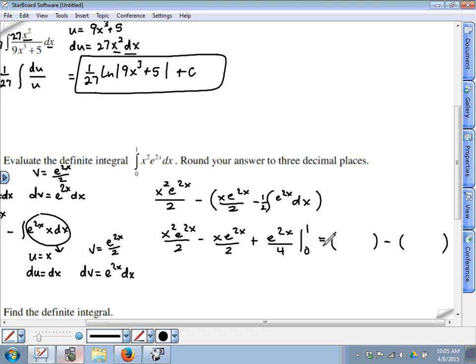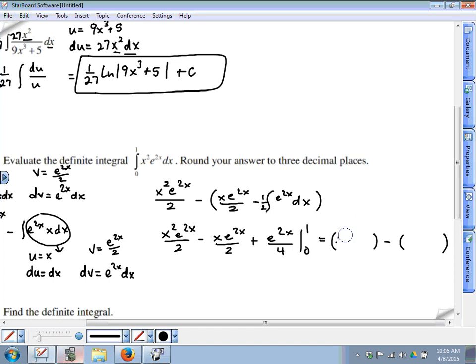So we need the antiderivative at the upper bound minus the antiderivative at the lower bound. So if we plug in a 1 right here, we're going to get 1 times e squared over 2, and then another 1 times e squared over 2. So e squared over 2 minus another e squared over 2.